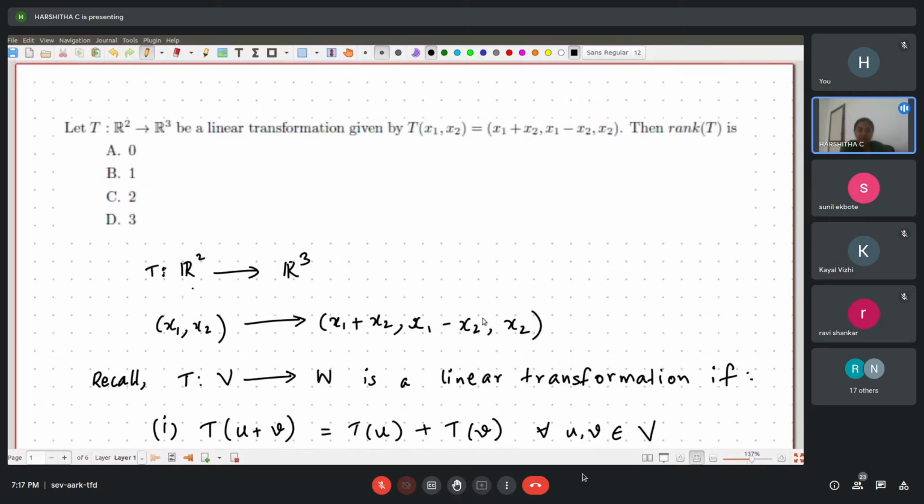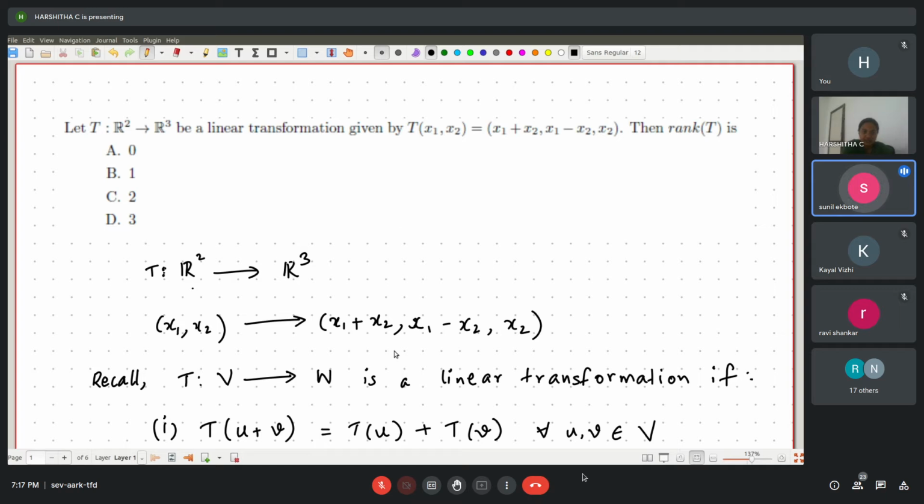If you know how to find the rank of a matrix, and also you know how to convert a transformation into a matrix, then you can write this transformation in terms of a matrix. There is a question where we will look at it. Once you write it in the form of a matrix, if you know how to determine the rank of the matrix, then that will be the same.